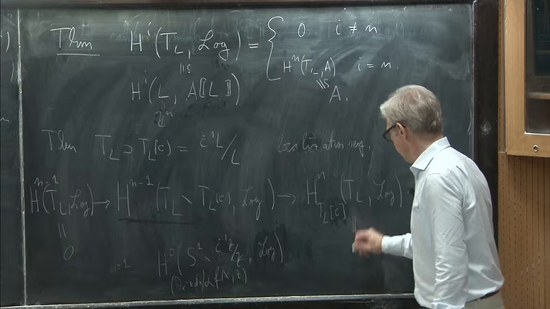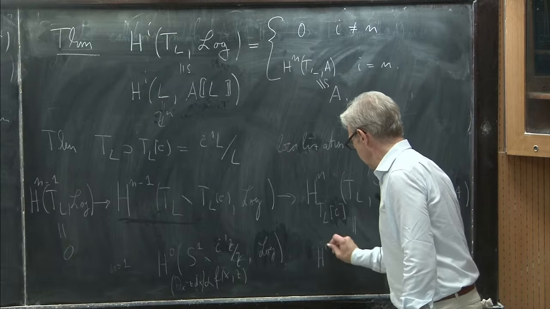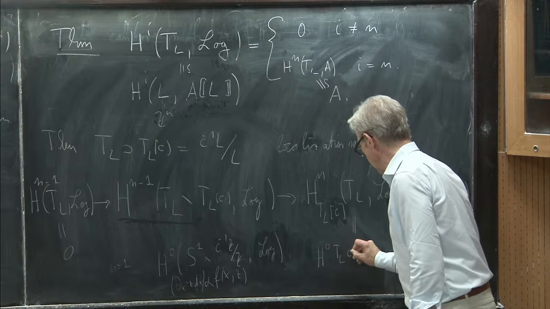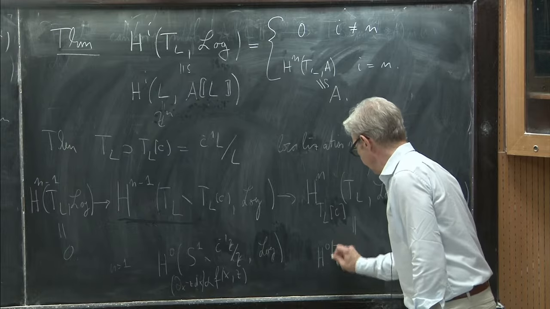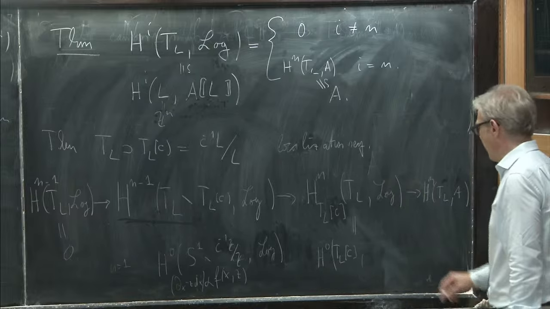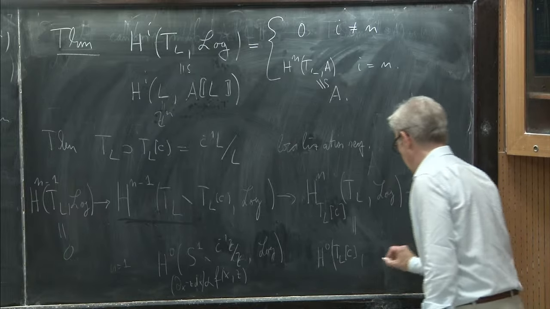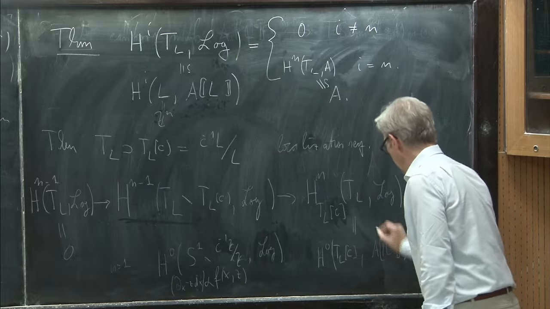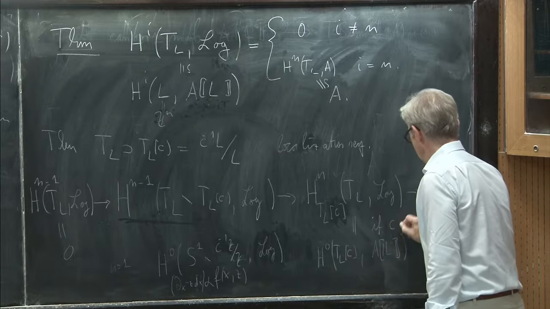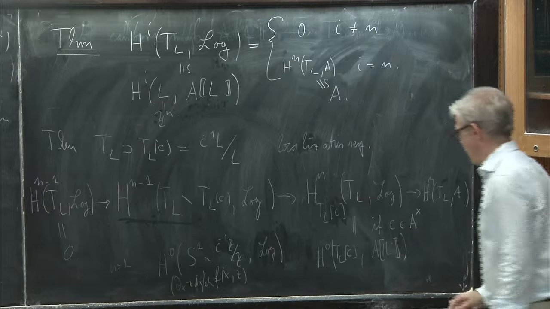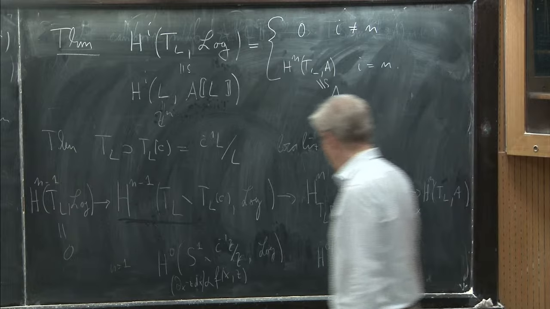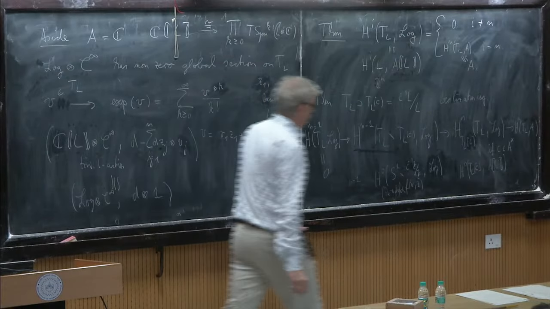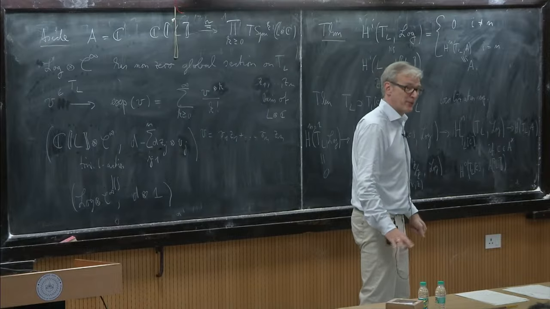And this one can compute, this is just the global sections of things supported on the C torsion points with values in this module L. So if C is invertible in A, then one can compute that. So, question?